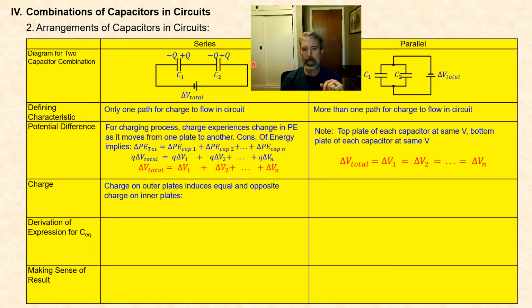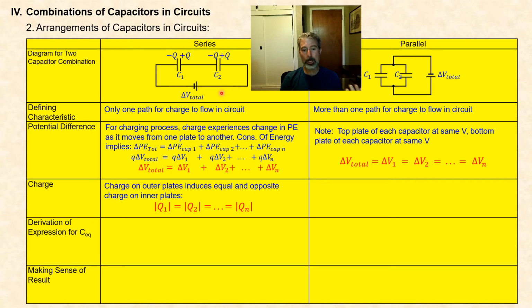So what we can say here is that the charge of capacitor 1 is exactly the same as the charge of capacitor 2, which is exactly the same as, when we talk about our expression for equivalent capacitance, the charge that would go on a single capacitor that could replace the combination.